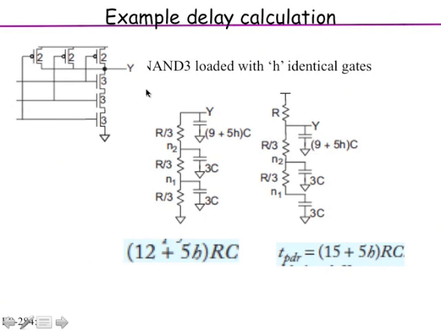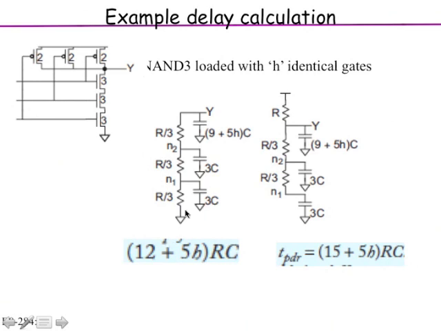So what is the loading due to the gate inputs? Any input goes to a gate of size 3 for the NMOS and size 2 for the PMOS, so the total capacitance at any input is 5C. If there are H such gates, the load capacitance is 5HC.